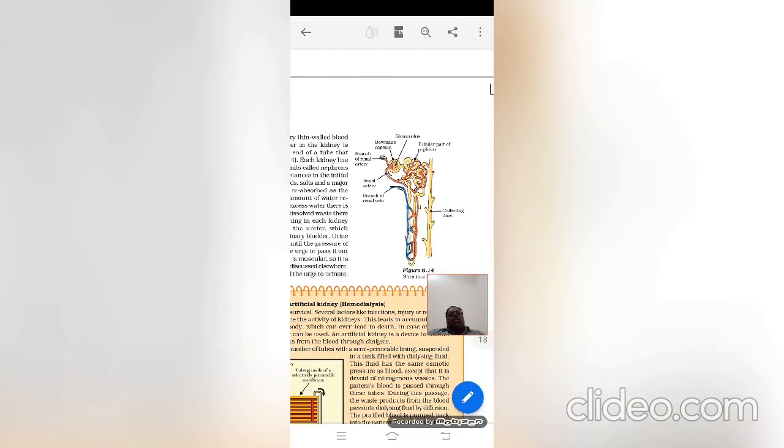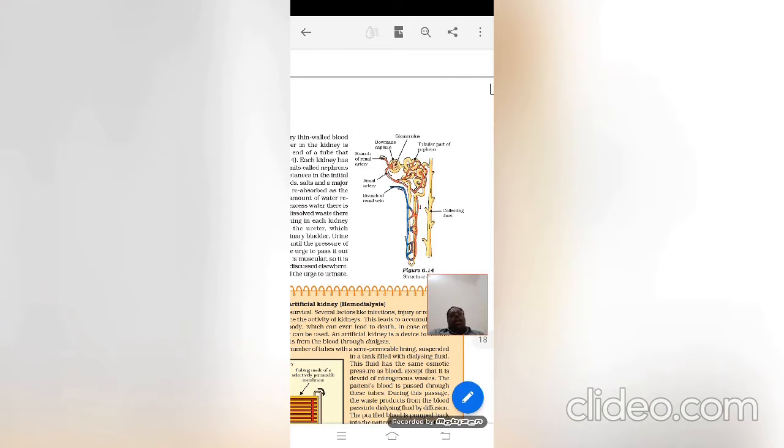One more thing, whenever I said that the Bowman's capsule and glomerulus are responsible for filtering, actually the filtering inside takes place with pressure. If the pressure is not proper, it is impossible for the nephrons to do their work.